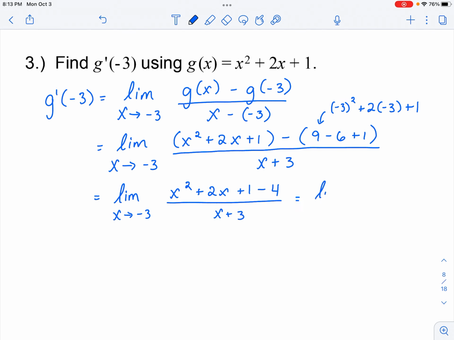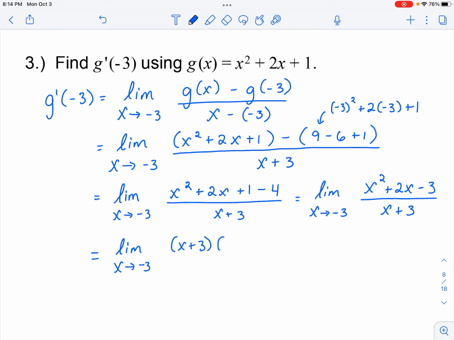All right, but that really is the limit as x approaches negative 3 of just x squared plus 2x minus 3, which becomes a factorable quadratic equation in the numerator. And the nice thing about using this alternate definition is I'm guaranteed to be able to reduce the factor in the denominator out. So this is really the limit as x approaches negative 3 of x plus 3 times x minus 1 all over x plus 3.